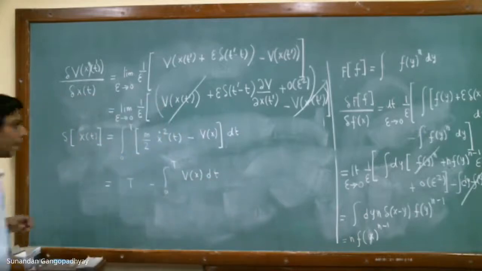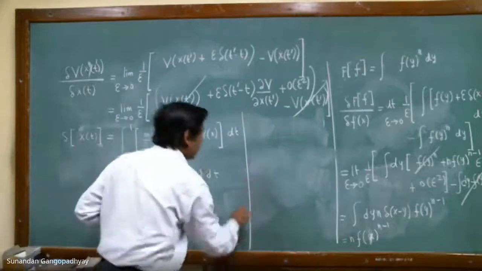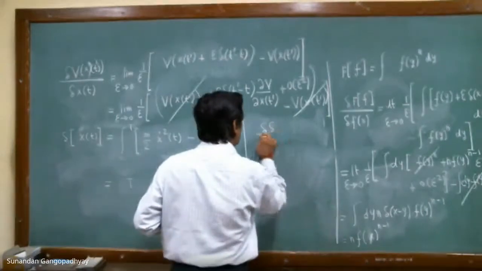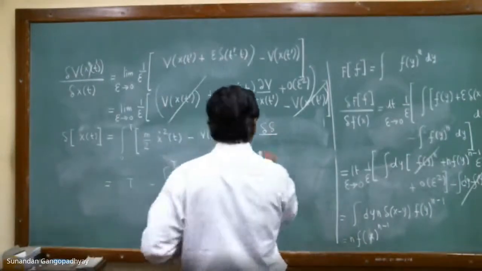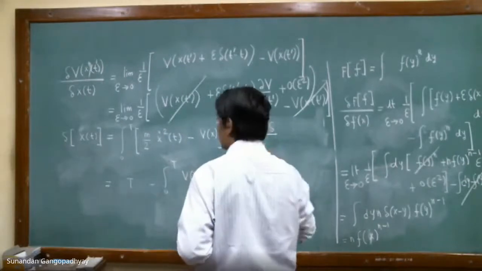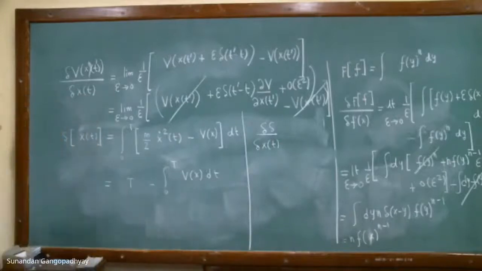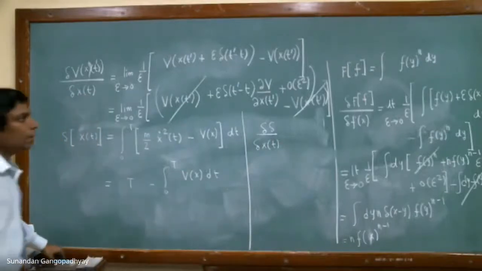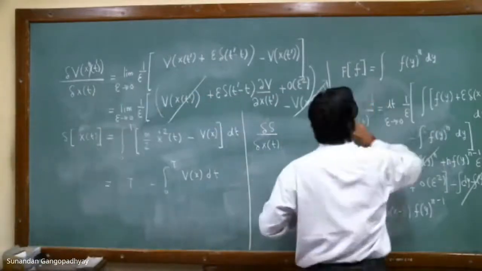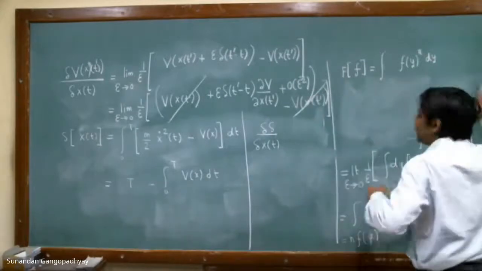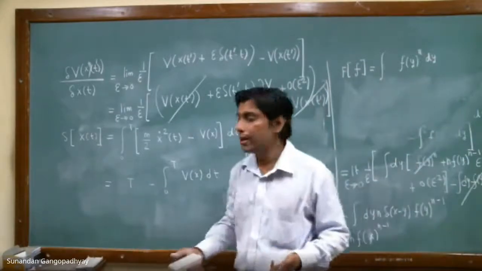And what we want to calculate is delta S by delta x. This is the thing that we want to calculate. It's very simple now to calculate this. You can do it in many ways.